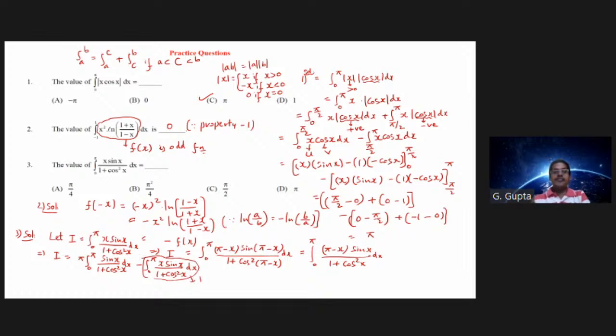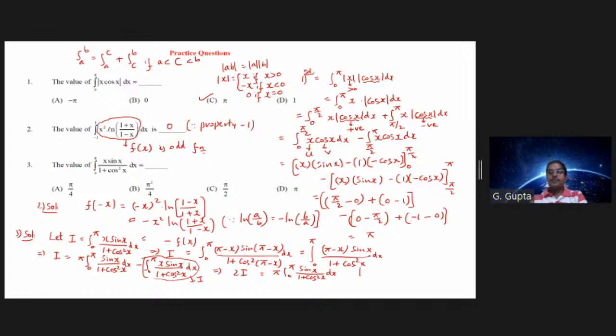So minus I, shifting to the left side, will become 2I is equal to pi times integral 0 to pi sin x divided by 1 plus cos square x dx. So how to evaluate this type of integration?